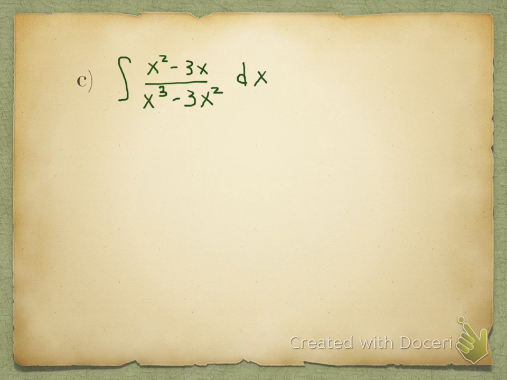U substitution in this case would not be helpful if the numerator was u, because you still have lots of stuff in the denominator that's not going to work with that. So your default here is going to be that you let the denominator be u. And that's actually a really good thing on this one, because if this is my u, what would du be? What's the derivative of x cubed?